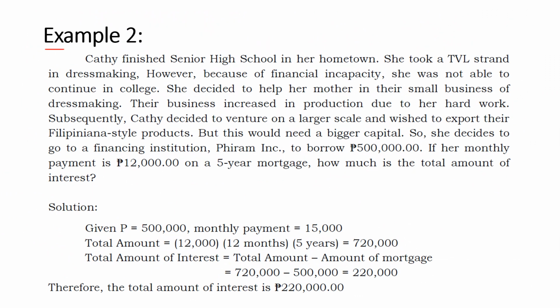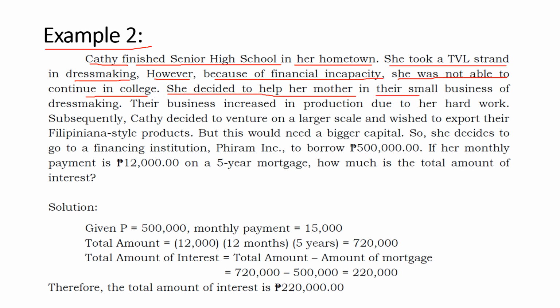So for example number 2, Kathy finished senior high school in her hometown. She took a TVL strand in dressmaking. However, because of financial incapacity, she was not able to continue in college. She decided to help her mother in their small dressmaking business.